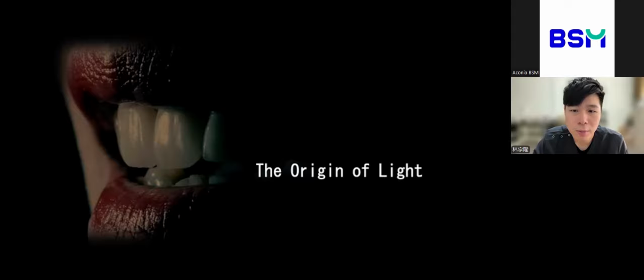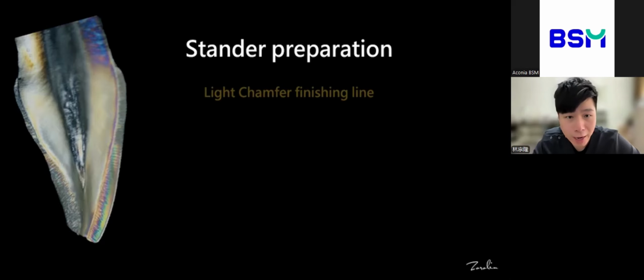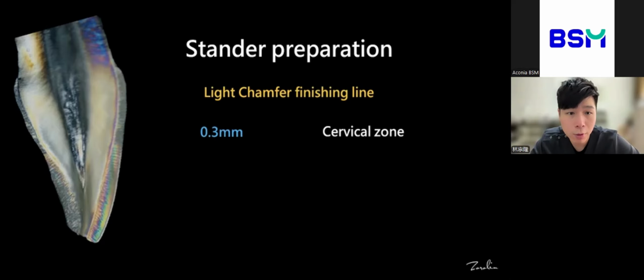In current clinical practice, minimally invasive preparation is designed by veneer or window types. At the cervical area, the preparation is usually around 0.3 millimeter and about 0.5 millimeter in the middle third.